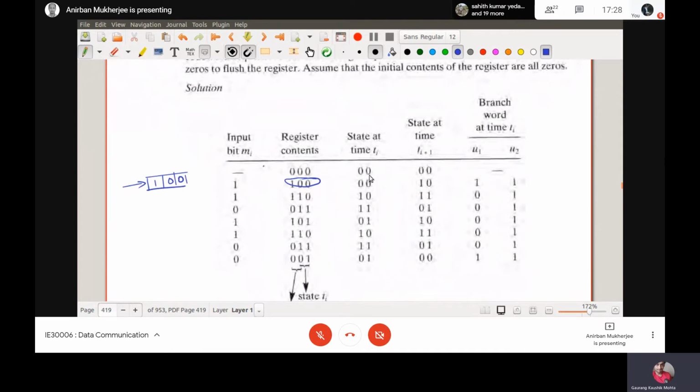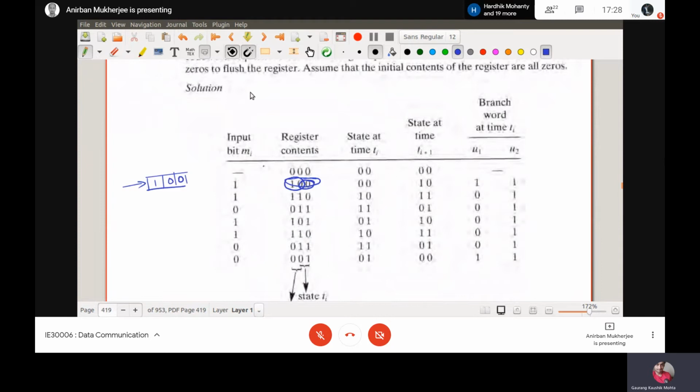That means the state at time ti and the state at time ti plus 1. What do you mean by that? I can say this is one state, this is another state. Okay, now you see that they have represented it in this way.